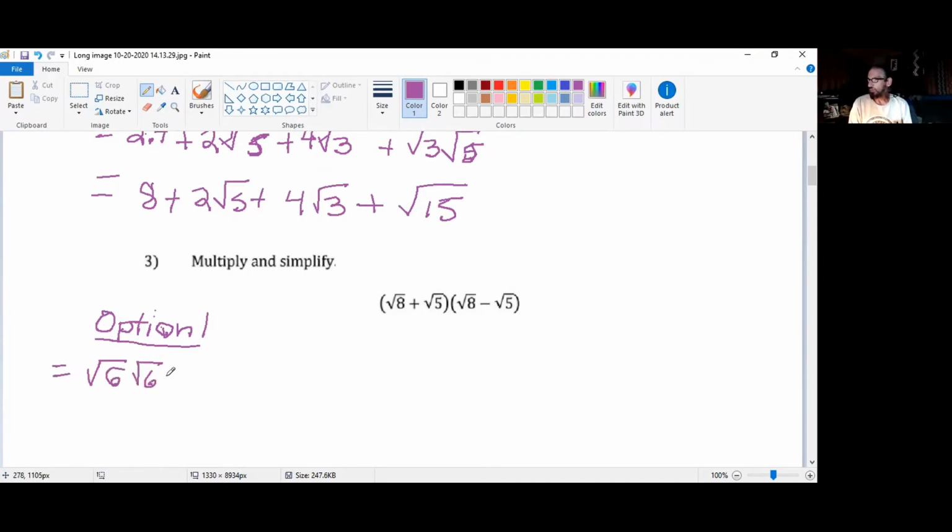For the outers, minus square root of 6 times square root of 5. For the inners, plus square root of 5 times square root of 6. And for the last, since one's a subtraction and one's an addition, think of a positive and negative, we have square root of 5 times square root of 5.